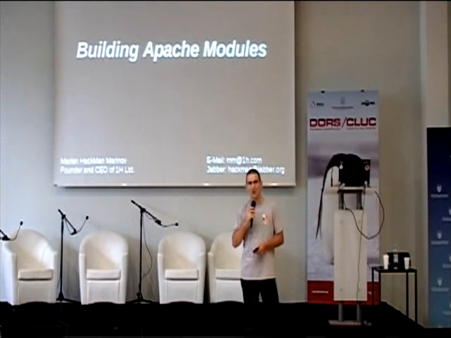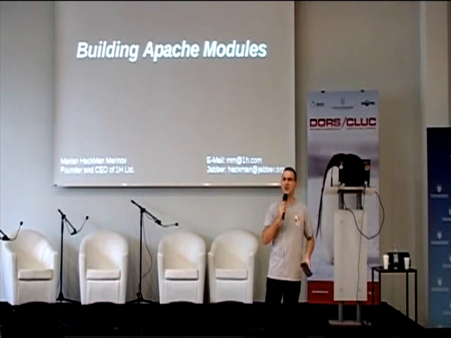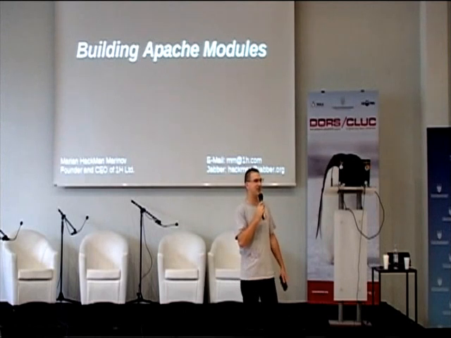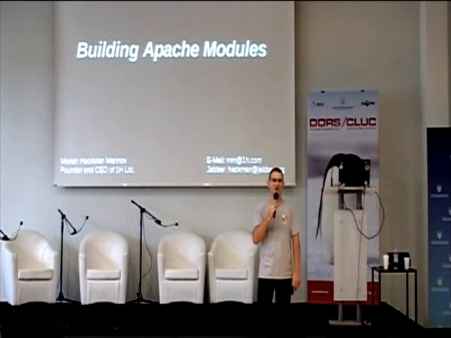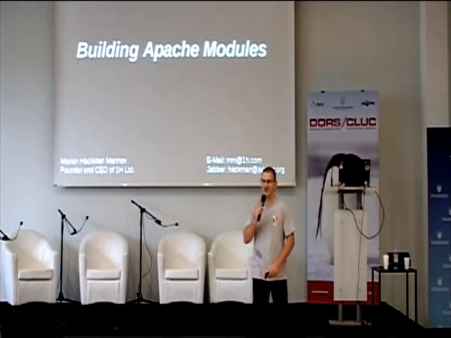So what I wanted to do is a simple talk that will present you with the beginning of writing an Apache module. How many of you are C programmers or know C at all? Okay, so it will be easier.